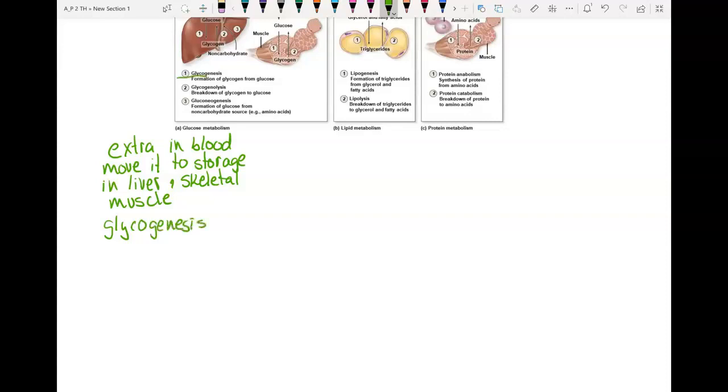So here you can see number one, there's glycogenesis. And if you break down what these words mean, you have glyco for glycogen. And then genesis means formation. So this just means formation of glycogen because you're going to store the glucose as glycogen.